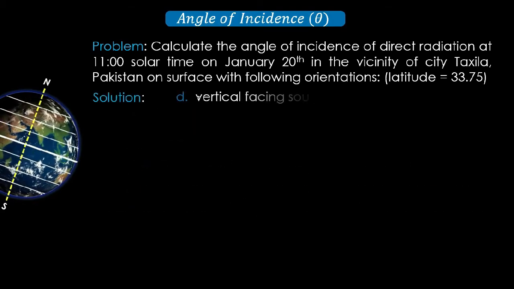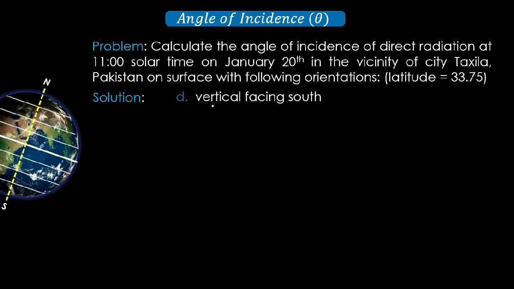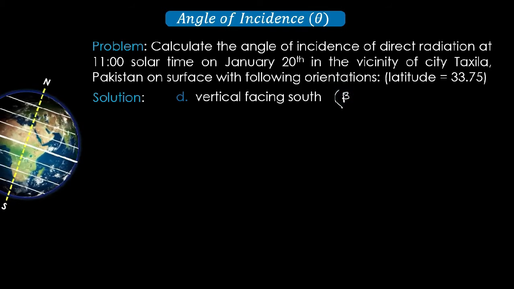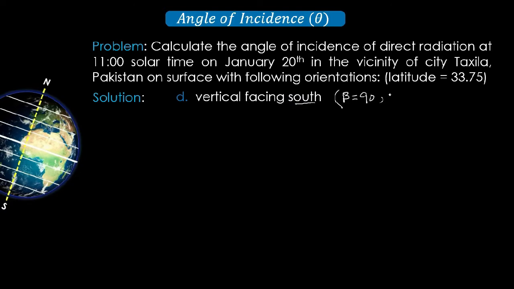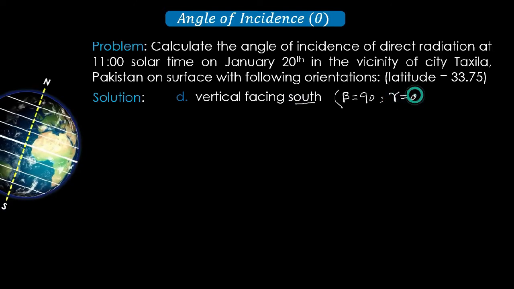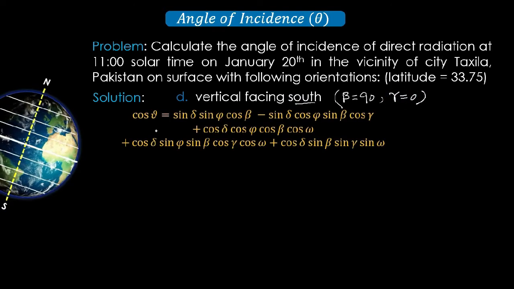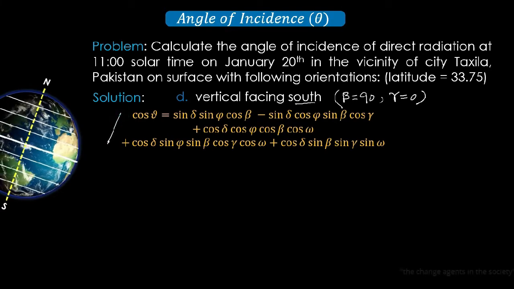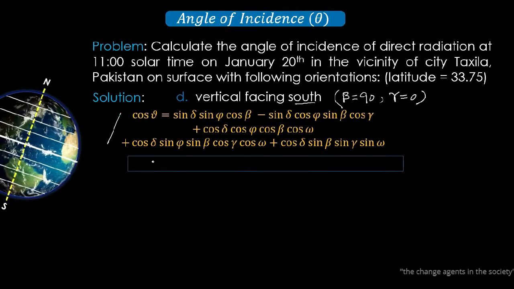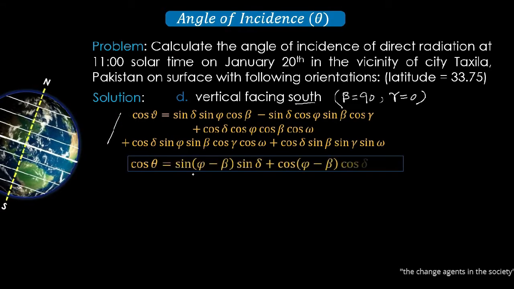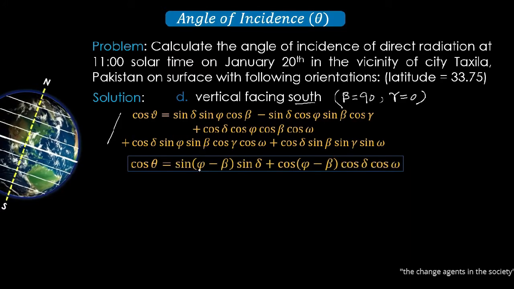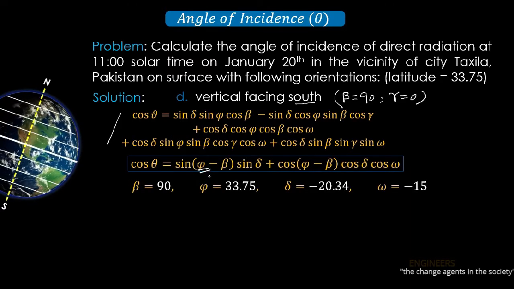Now solving for D part of the problem, where the plate is placed vertical, so the value of beta, the slope of the plate, is 90 degree and facing southward, so the angle of azimuth, the value of gamma would be 0. So instead of using this general expression, we would be using the modified expression, where we have to have the values of phi that is given in the statement.